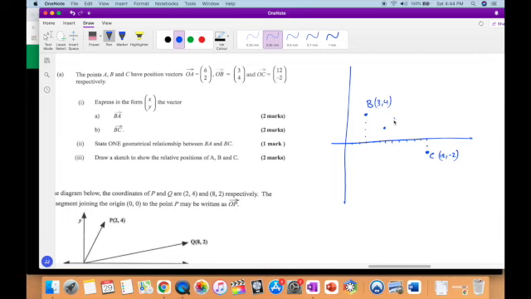So 6, 2. They're looking suspiciously collinear, but it could just be that my diagram was drawn poorly. So whilst they're looking like they're in a line, they're looking like they're collinear, but maybe my diagram was just drawn poorly. So I'll keep that in mind.